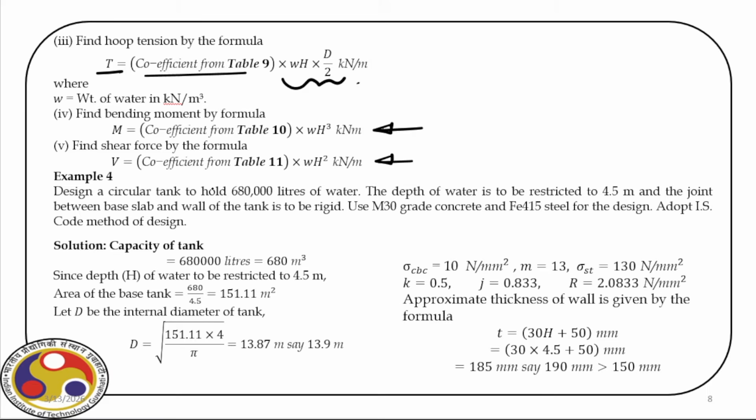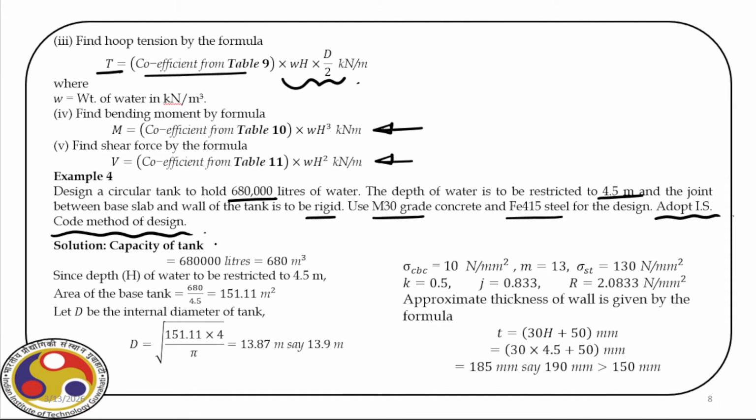So let us take an example. So we design a tank of 6.8 lakh liters of water. We have a height specified in this case, that is 4.5 meter. The joints are rigid. We use M30 concrete and Fe415 steel. But in this case, we will adopt IS code method for the design.